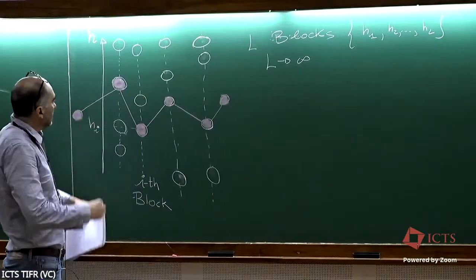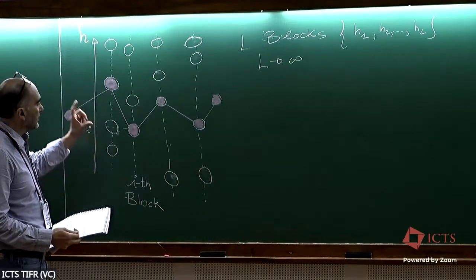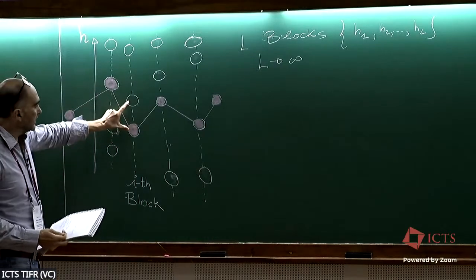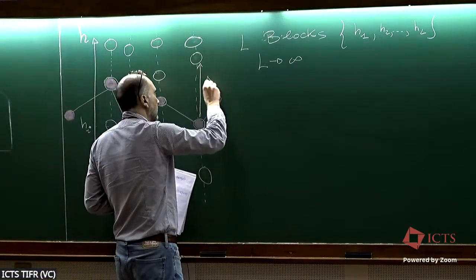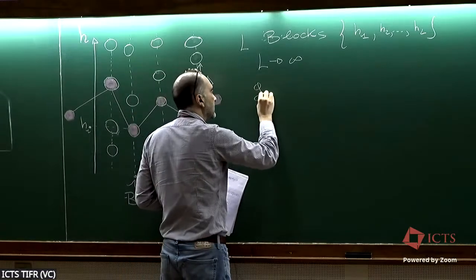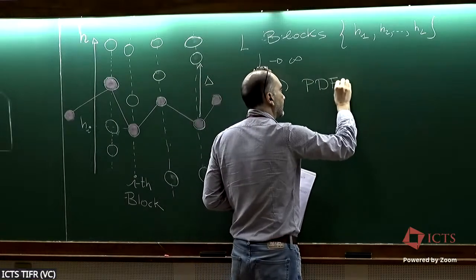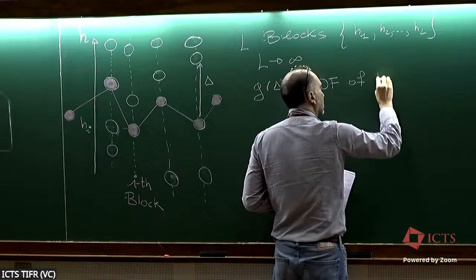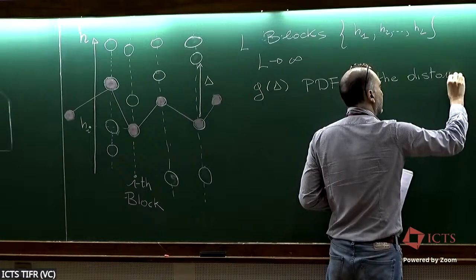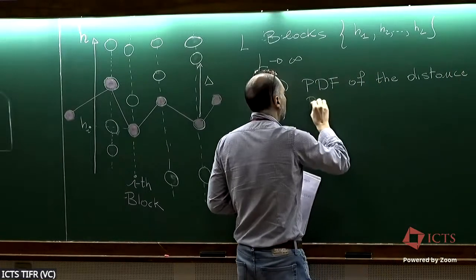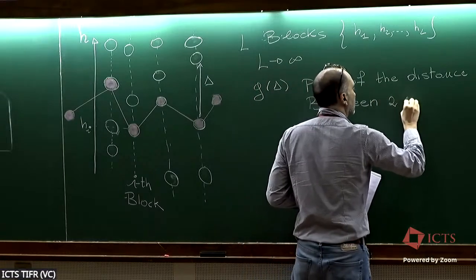What I told you to explain this model is that now the randomness is given by the distance between the wells, and this distance is called delta, and we said that G of delta is the PDF of the distance between two consecutive wells.